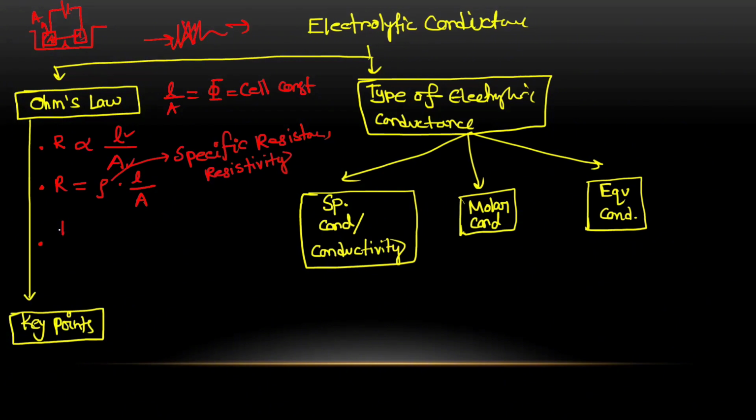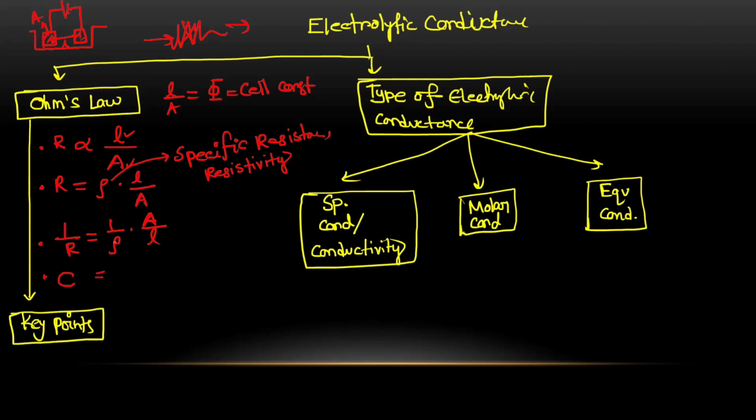conductance. So if we invert this whole equation, 1 by R equals 1 by rho into A by L. Now 1 by R can be called conductance, C, because conductance is nothing but the inverse of resistance.